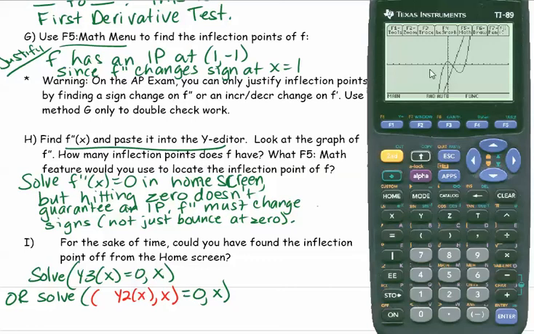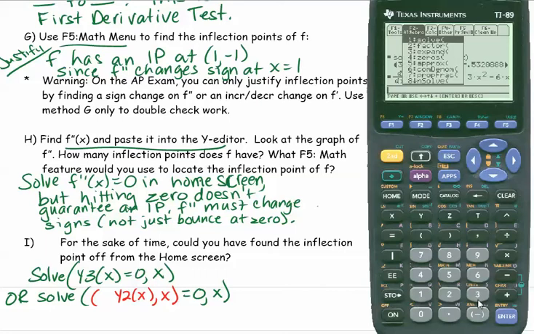All right, are we sure there's no other inflection points? Well, that would be another good place to use the home screen. Let's use our solver, F2 solve, and let's find out if y3 of x is equal to 0 at more than one place. Remember, we have to put this comma x.